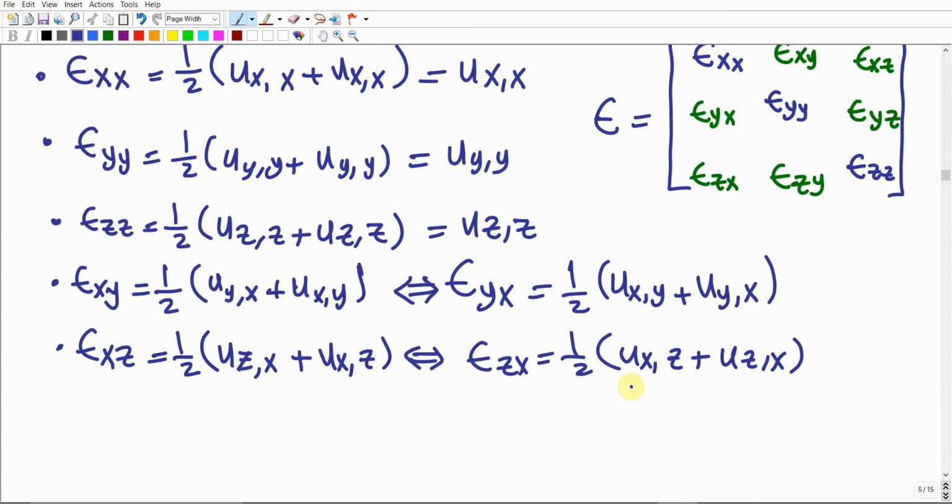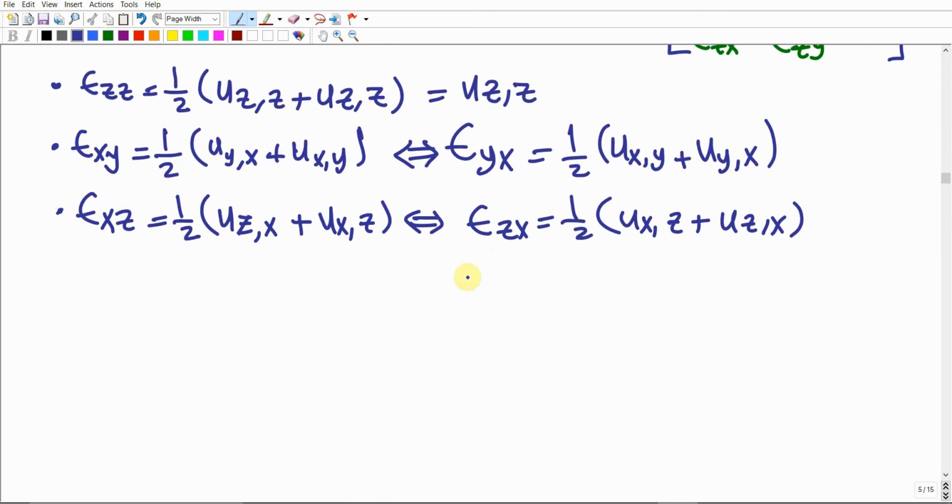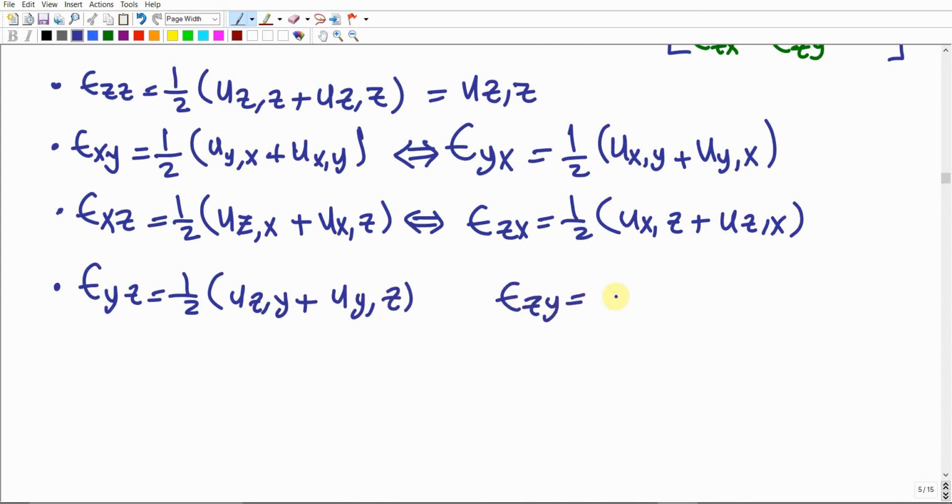They should be equivalent, right? They should be the same value. They are identical. The same thing applies to epsilon yz, which is going to be 1 over 2 uz comma y plus uy comma z. And if you try the other way, which is zy, it is going to give us 1 over 2 uy comma z plus uz comma y, which should be identical.